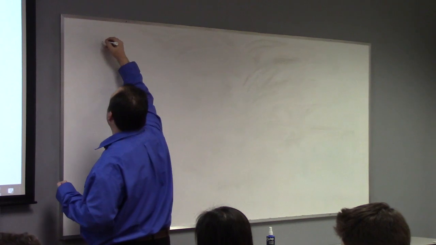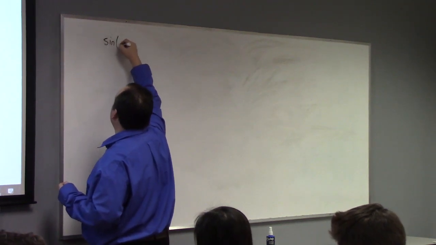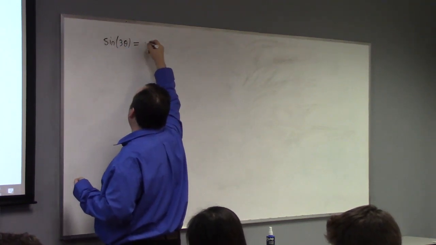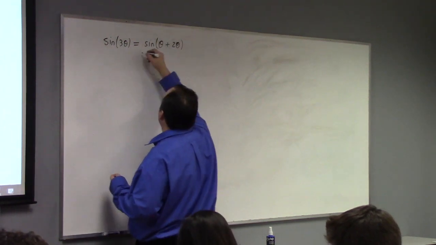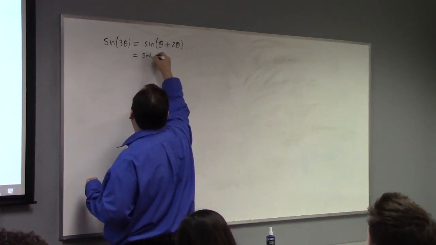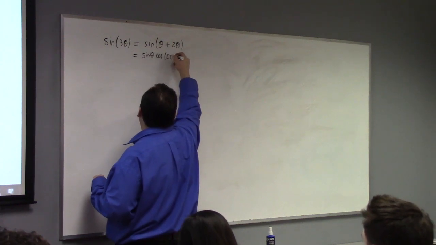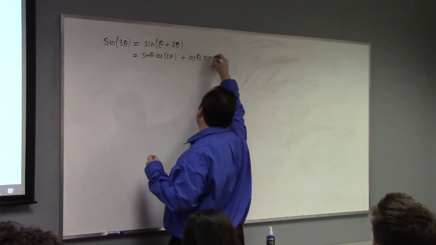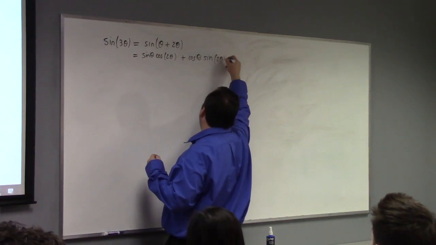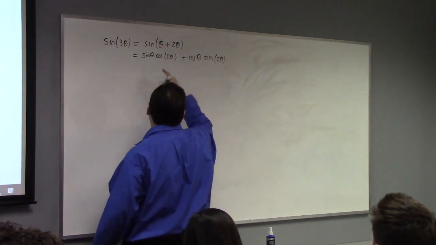So anyway, sine 3 theta, you can just write as sine of theta plus 2 theta, which then is sine theta cosine of twice theta plus cosine theta sine of twice theta, right? And then you can break these up.